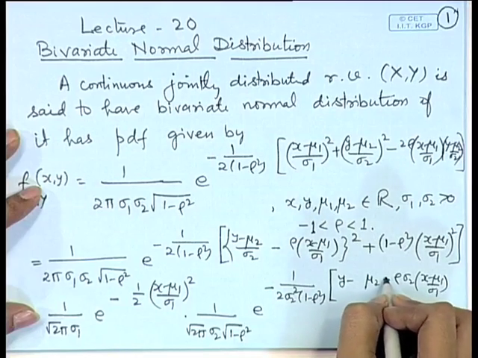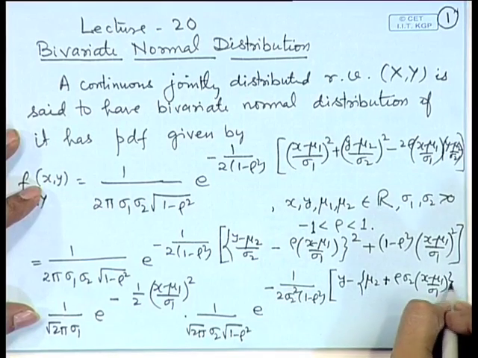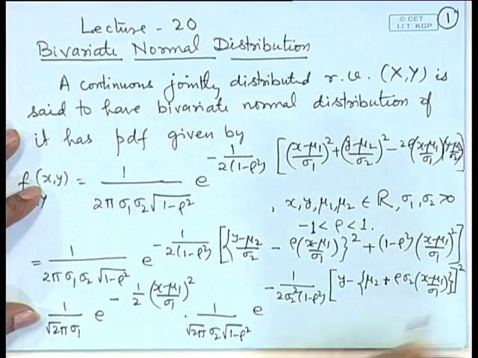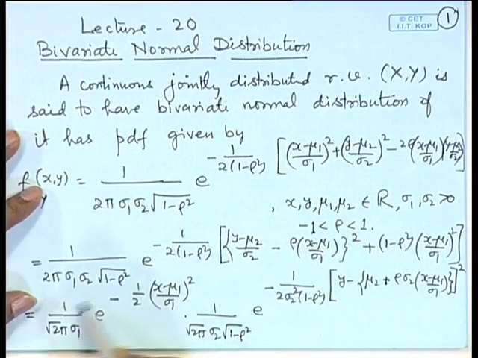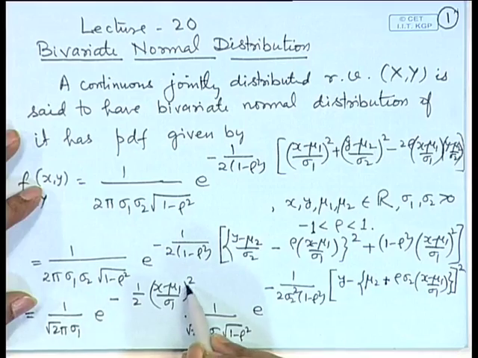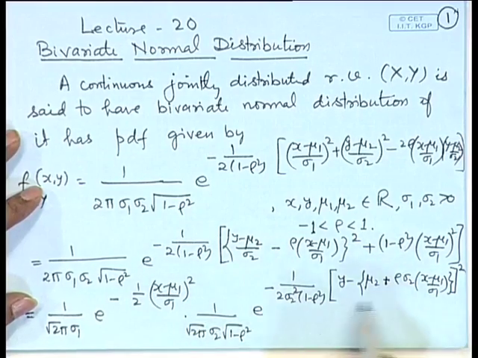So, this I can write as a product, arranged in the bracket square. You can see here that the first term is a normal density for x and the second term is a normal density for y.